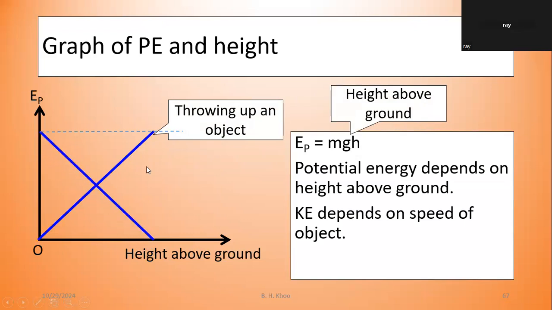It's going to be a straight line. mg is constant, h is linear. If we drop an object, it's the other way around. Initially, it has high potential energy. It goes down to low potential energy, to 0 at ground level.